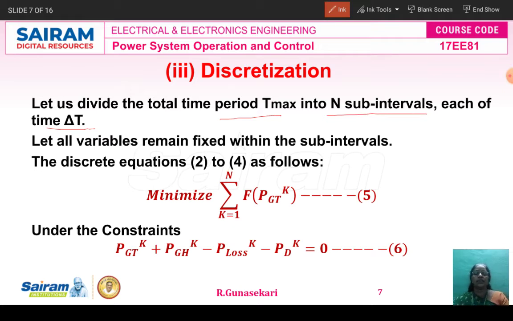The discrete equations, that is equations 2 to 4, are as follows: minimize the summation of k equal to 1 to n, where k is a particular time interval from 1 to n, of F of Pgt k. The constraint: the thermal power generation, hydropower generation, power loss and demand, all with respect to interval k, are written as Pgtk plus Pghk minus Ploss k minus Pdk equal to 0.